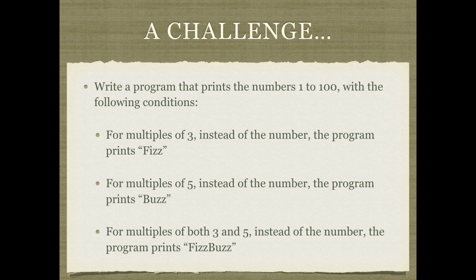So it would be 1, 2, fizz, 4, buzz. Then for multiples of 3 and 5, instead of the number, you would print fizz buzz, both of them. So for 15, it would be 13, 14, fizz buzz.